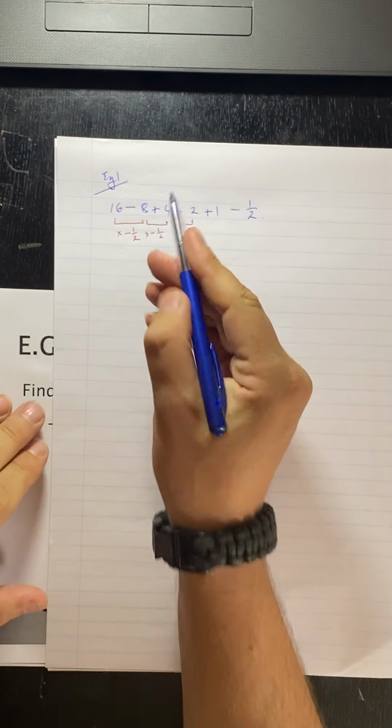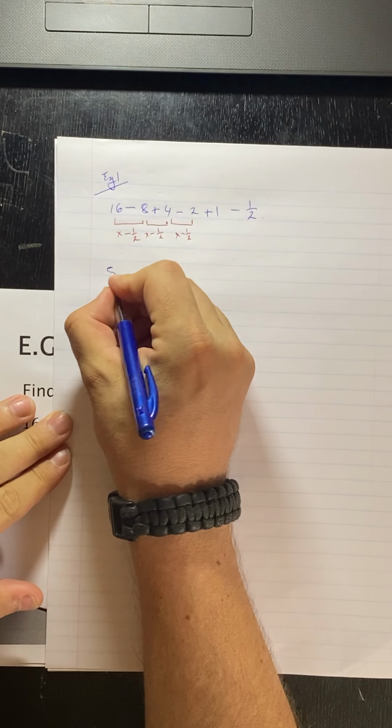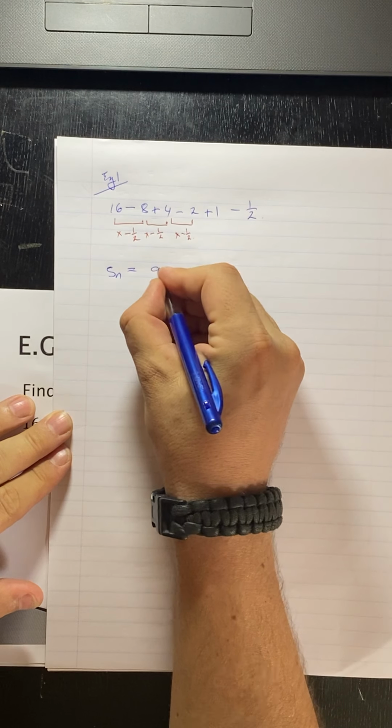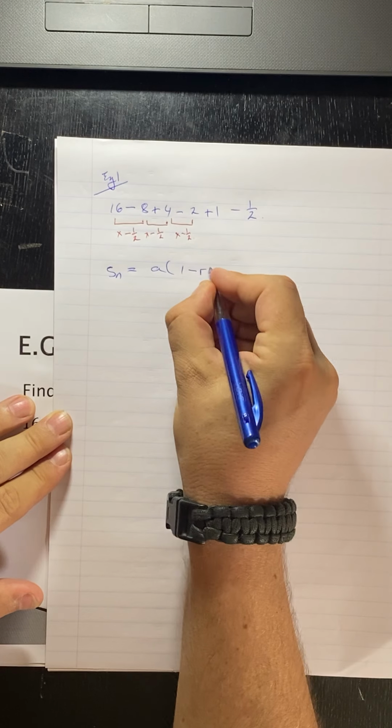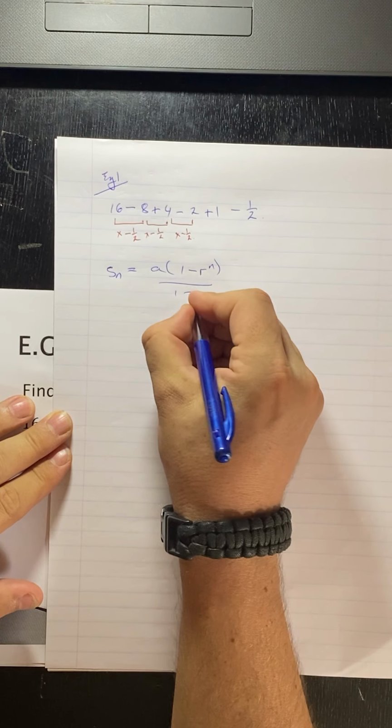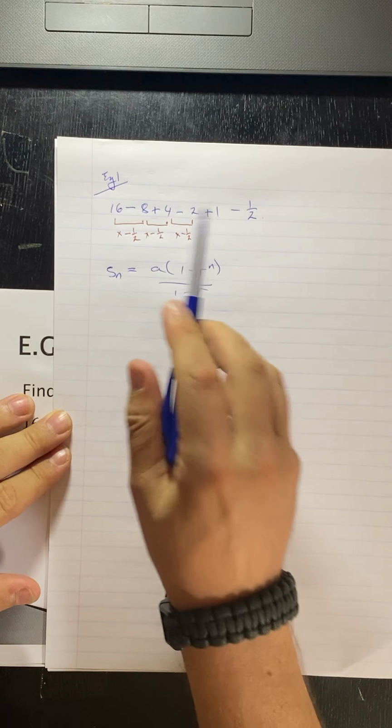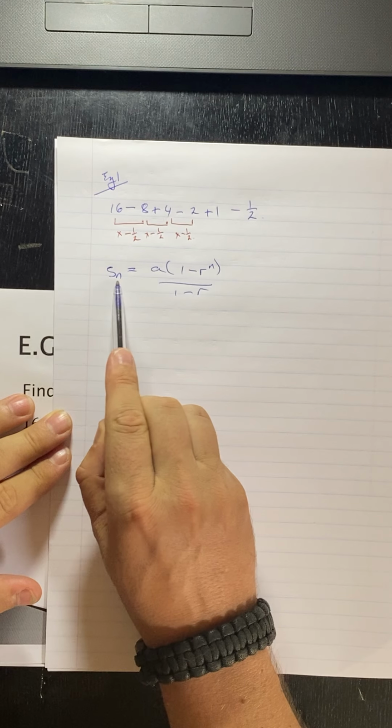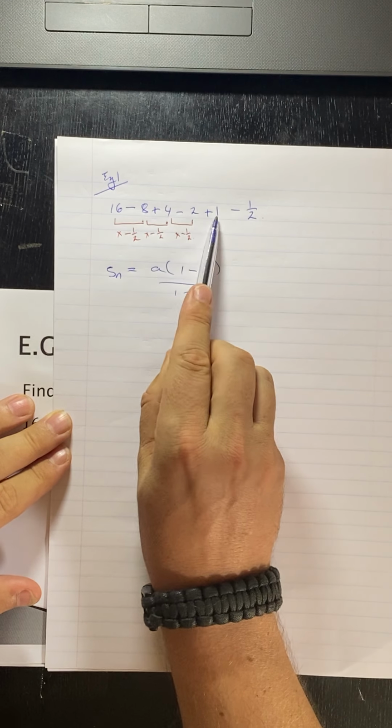Okay, so if we write down our formula, Sn is equal to a(1 minus r to the n) over 1 minus r. Okay, how many terms do we have here? That's n. 1, 2, 3, 4, 5, 6.